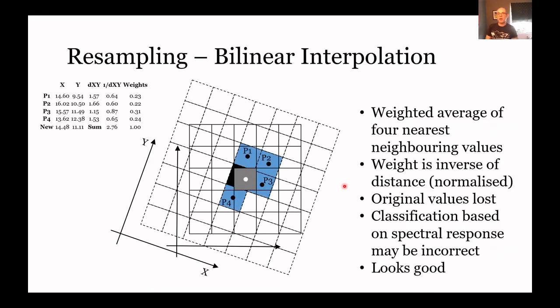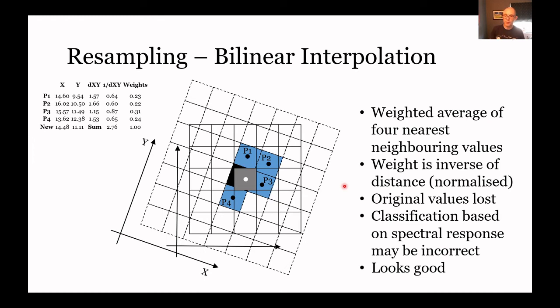If we instead use, say, bilinear interpolation, whereby we use the weighted distance to interpolate from several nearby neighbors to our new pixel, we take the nearest several, four pixels perhaps, and we interpolate from all of those to our new pixel center. This gives us a very nice looking image.